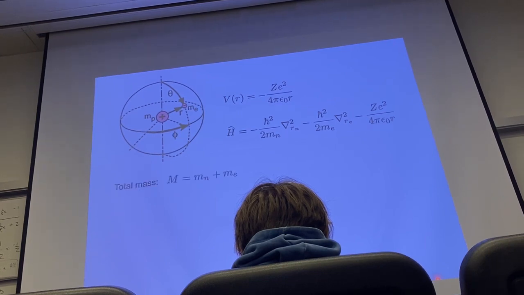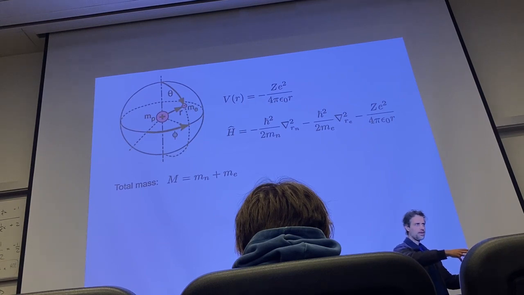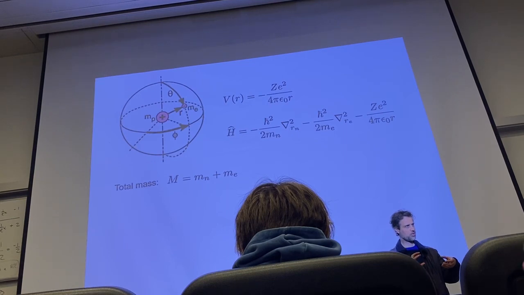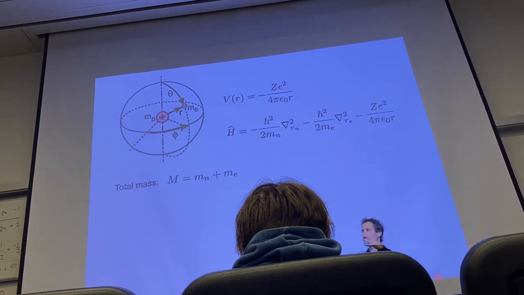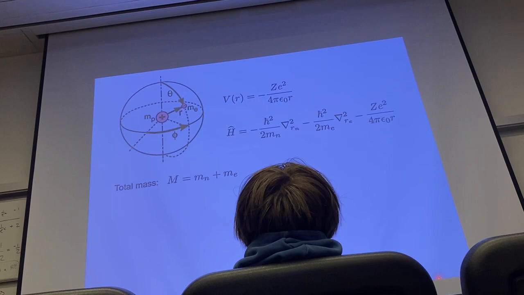That means that there is motion of my atom as a whole, going through space like that, the whole thing. And then, of course, there's also motion of the electron relative to the nucleus. Of course, I'm interested in the motion of the electron relative to the nucleus. I'm not interested in the whole thing going through space. That part I don't really need. I'm going to try to describe those two types of motion.